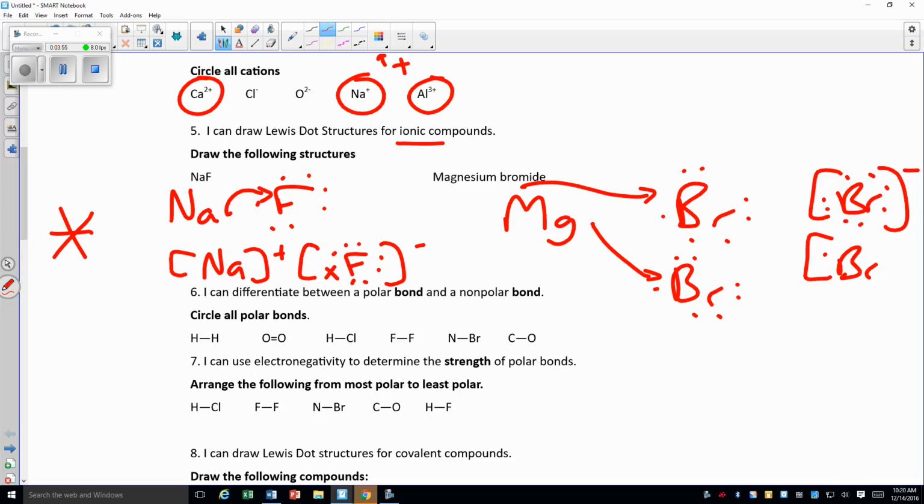You can draw it like this if you choose to, with them stacked on top of each other. I would prefer it in a straight line. Sorry, that says 2 plus. I would prefer it in a straight line, like how I did NaF, but if you draw it stacked just because you run out of room, that's fine.